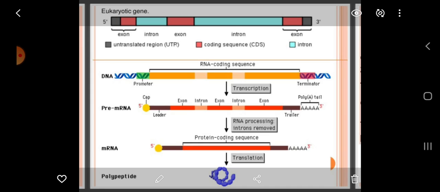And then last you can see the trailer and the poly A tail at the 3' end. Now the next process is translation, that is mRNA is changed to a protein or a polypeptide, and you can see this blue colored ring is the result of translation.